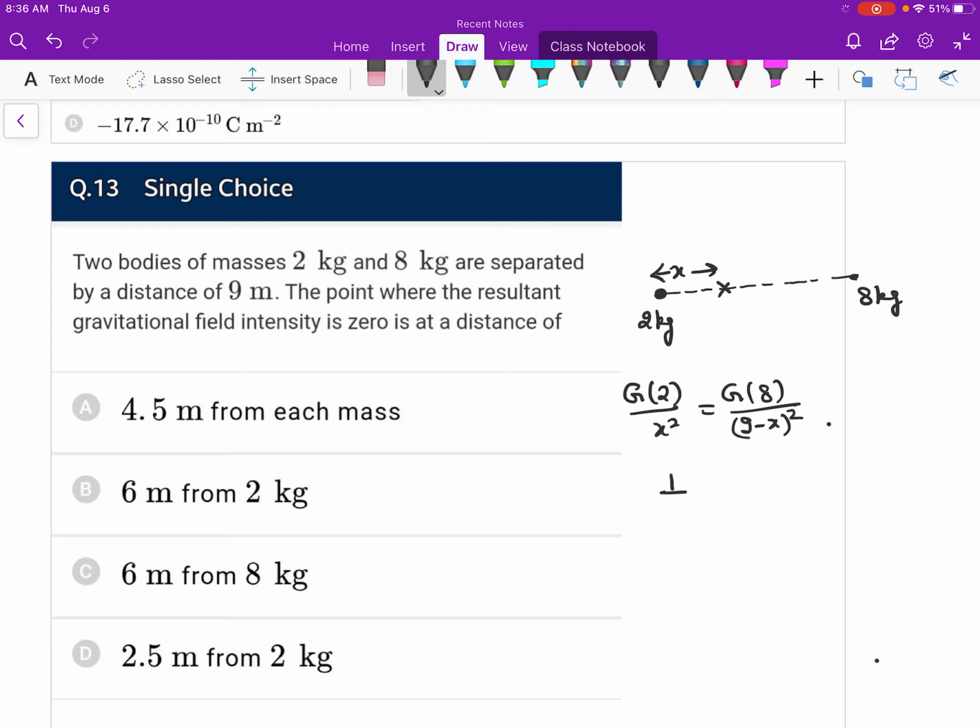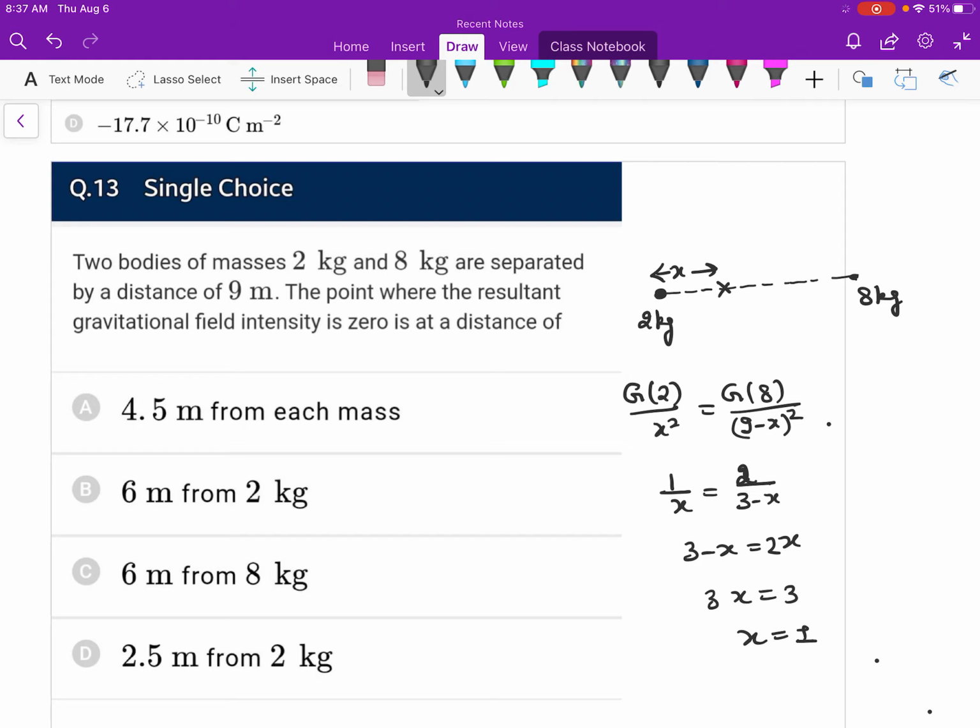So let's take under root. 1 upon x is 2 upon 3 minus x, so 3x equals 3, x equals 1.